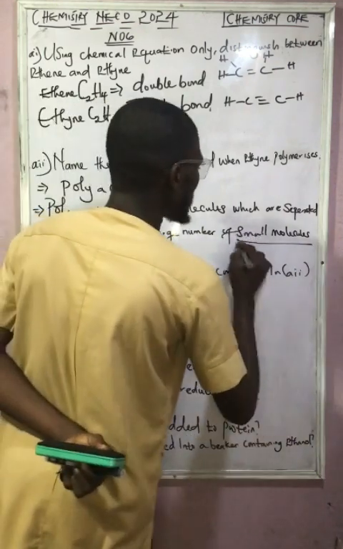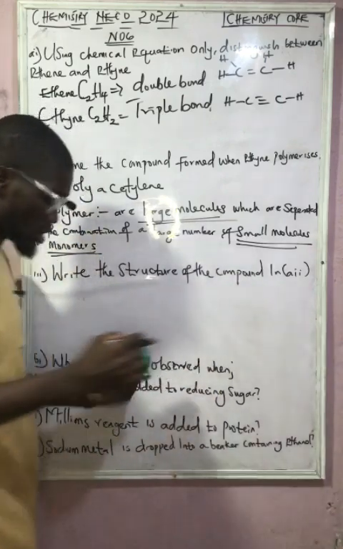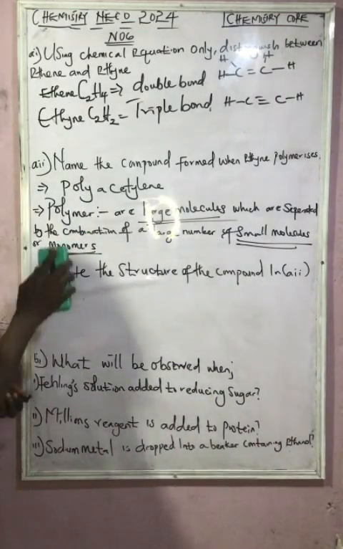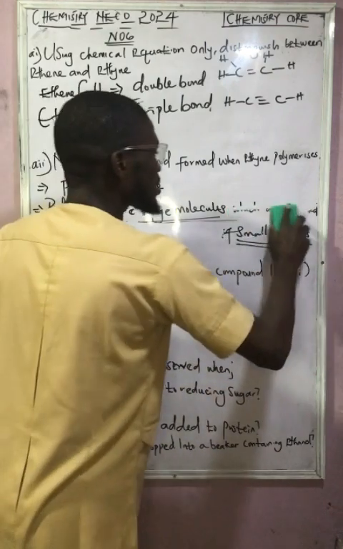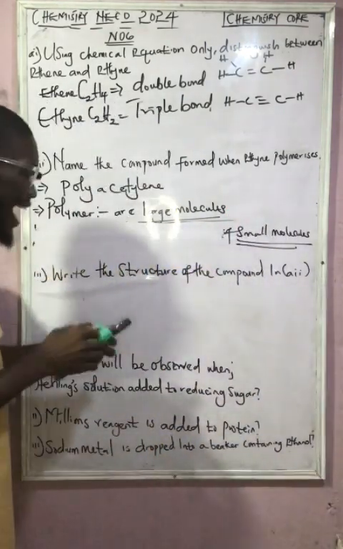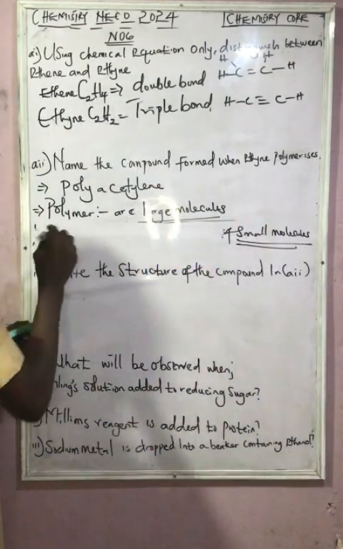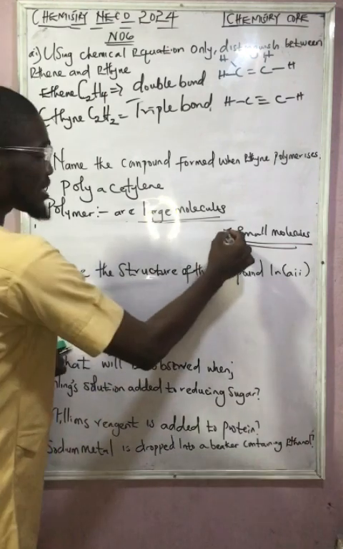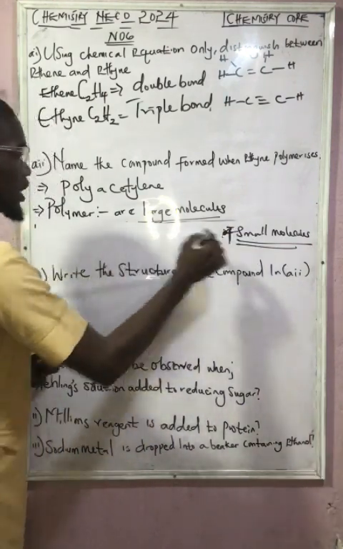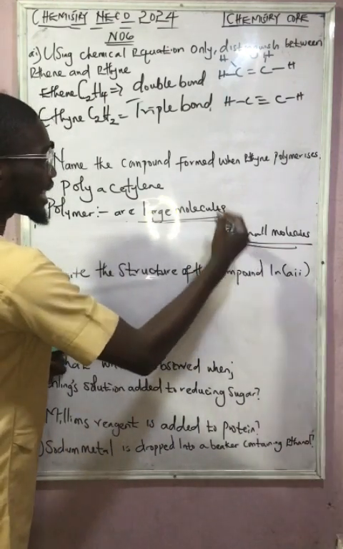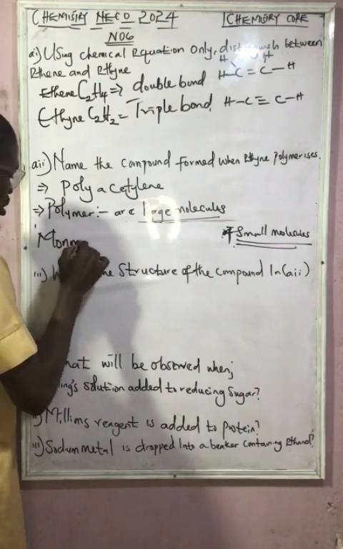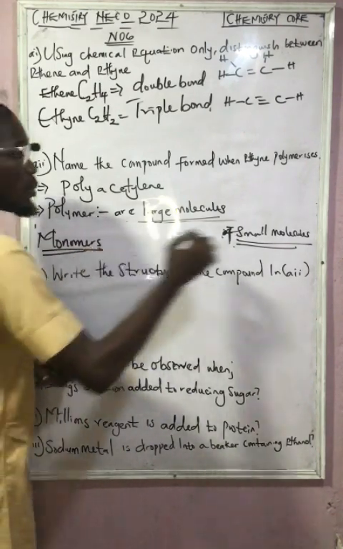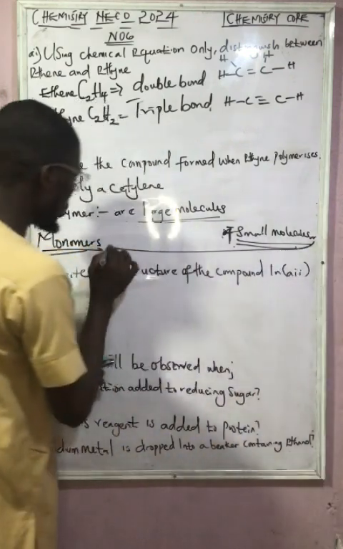So I will underline this. So guys, for every polymer, we take a look at how large molecules are formed by the combination of a large number of small molecules, which are the monomers.